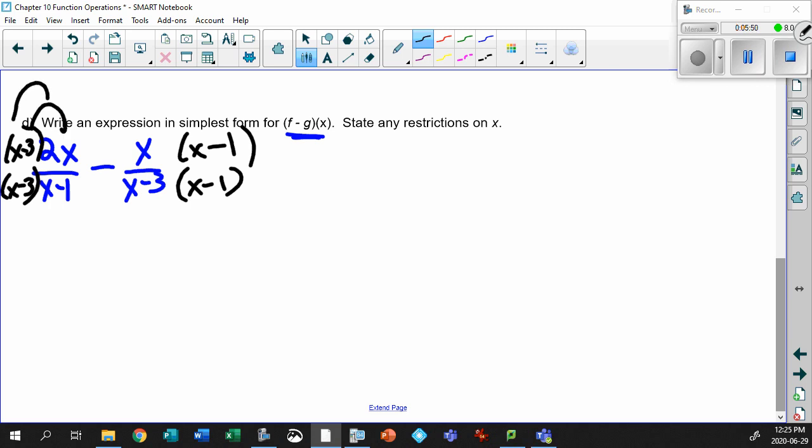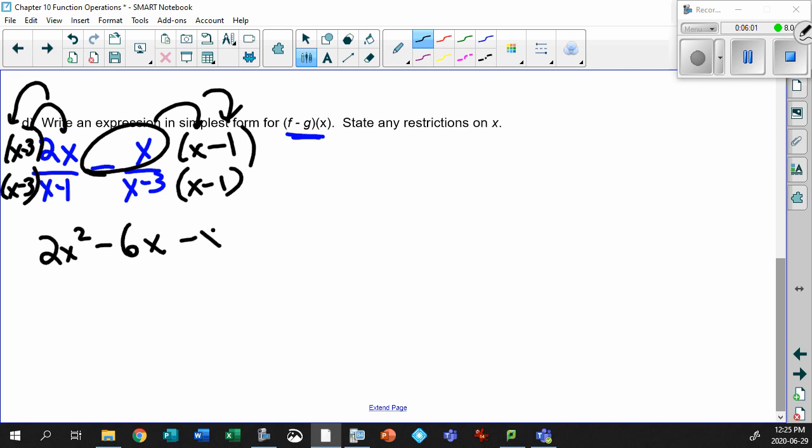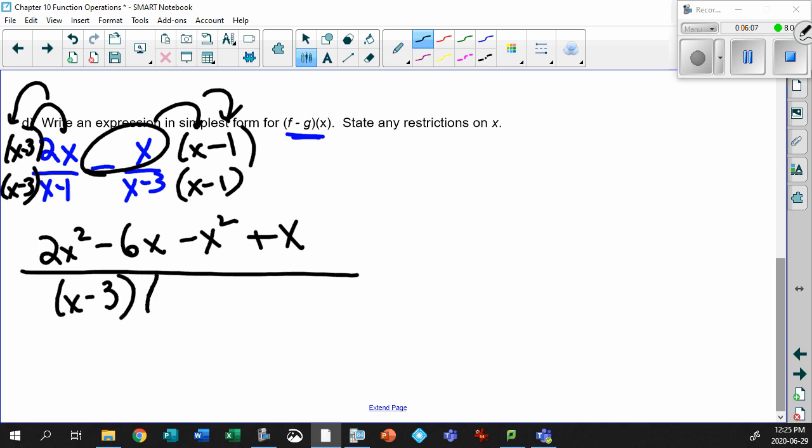Okay, here we go. Distribute. You still have your 2x squared minus 6x. Now, don't forget to distribute the negative, though. That's where I'm going to get you. So this is minus x squared plus x, all over that common denominator x minus 3, x minus 1. Now put this all together, combine like terms.